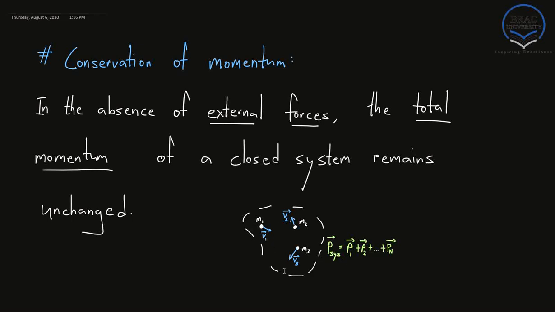So in the absence of external forces between times t1 and t2, you will have the total momentum at time t1 equal to the total momentum at time t2, which is the conservation of momentum.